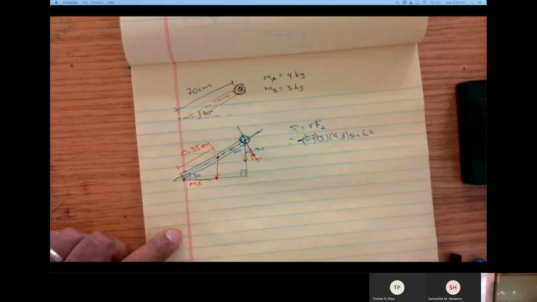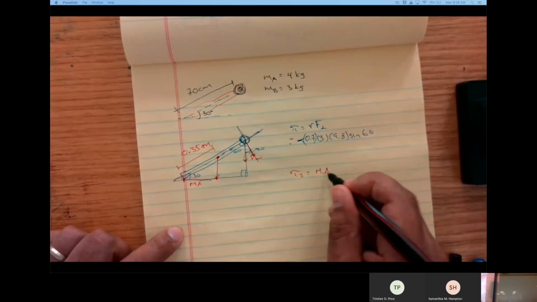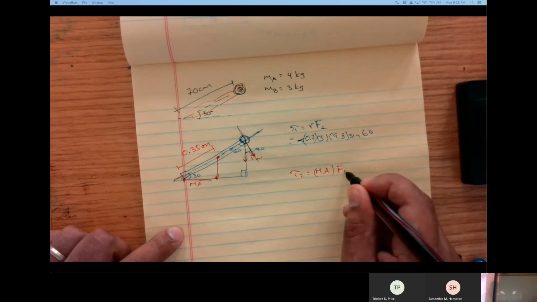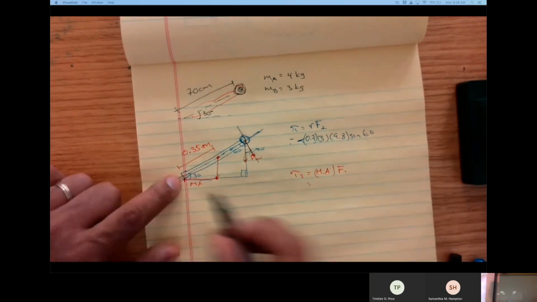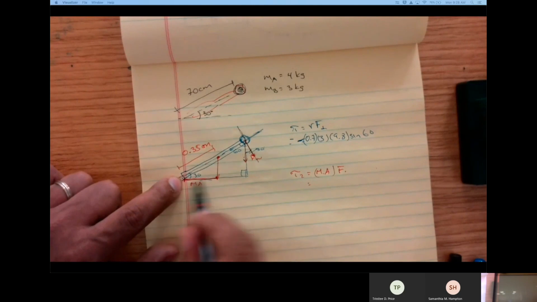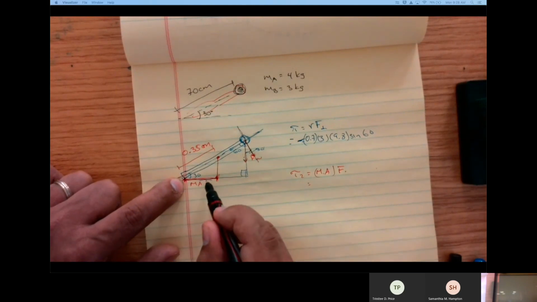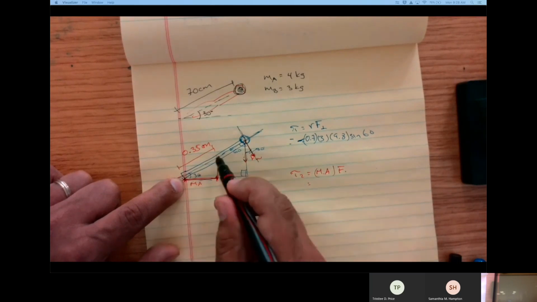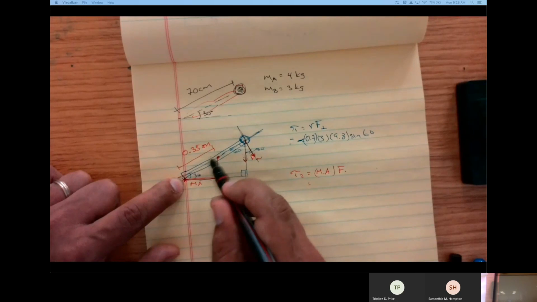The torque is the moment arm times the force. The moment arm is this length over here, which is basically the adjacent side to this angle, and the hypotenuse is the 0.35 meters.